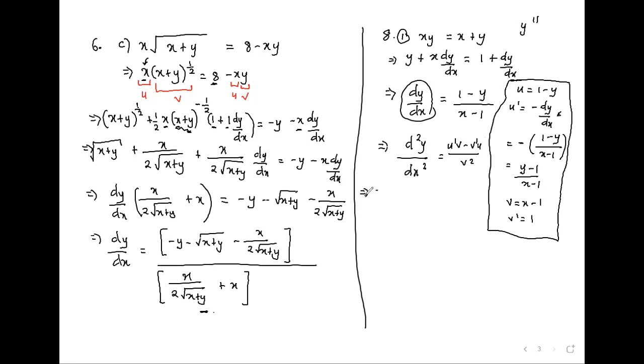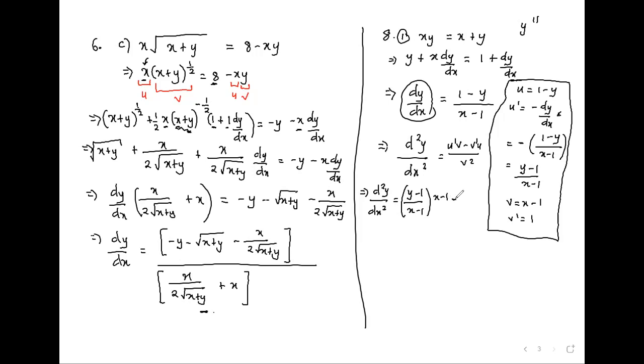So that means that d2y over dx squared is equal to u prime, which is what we have put in here as (y minus 1) over (x minus 1), multiplied by v. v is just x minus 1.